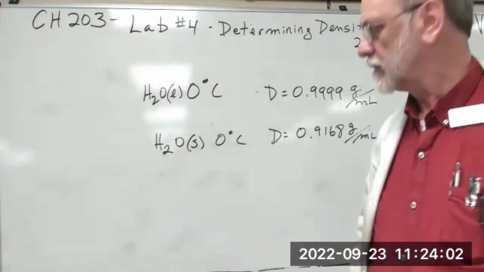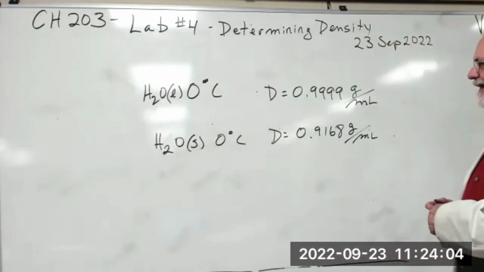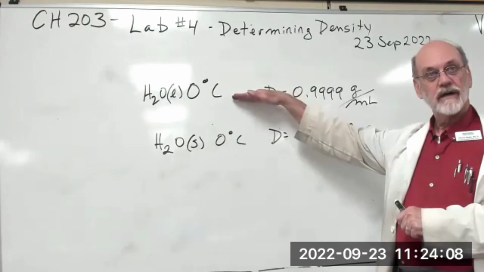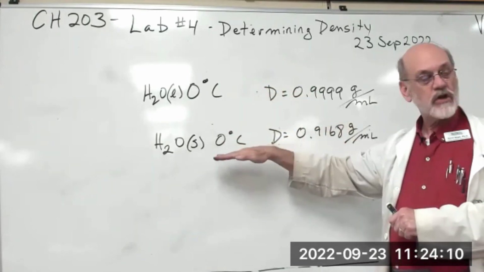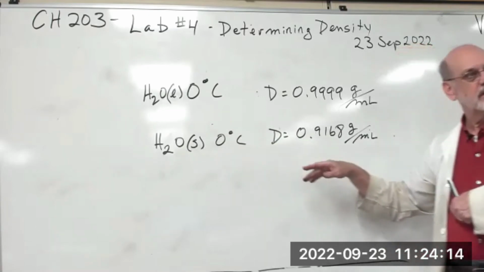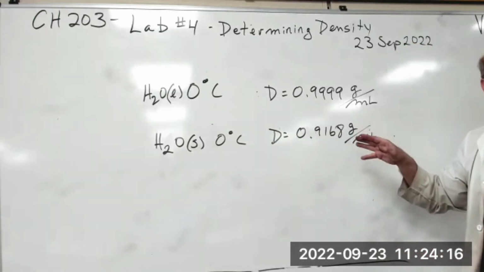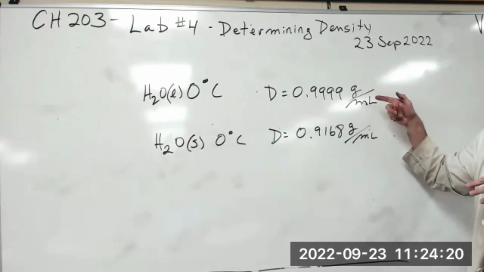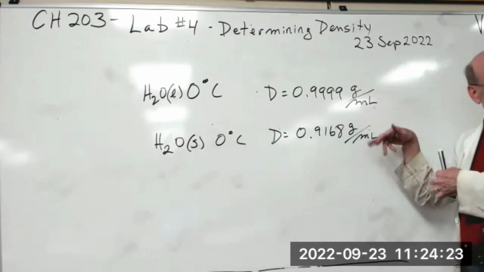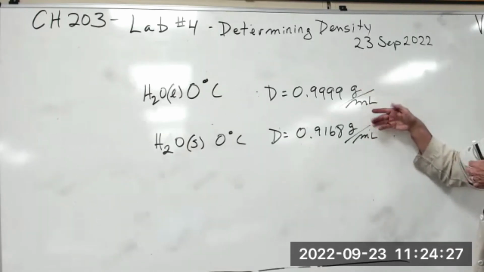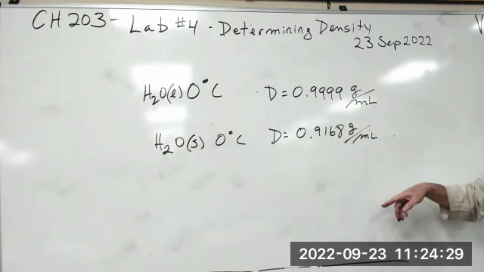So why is that? How did it get that way? If you have the same mass of water here and you change it into a solid ice here, what has happened to make the density different? Well, if the mass is exactly the same, then this is a ratio, this is a quotient. So if the mass is the same, then how do you get this one to be less than that one?